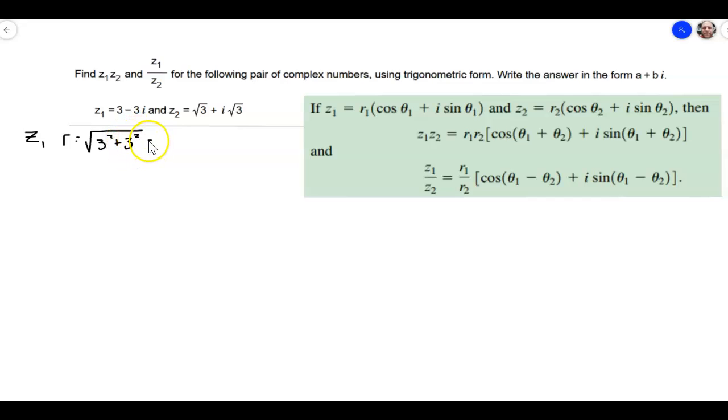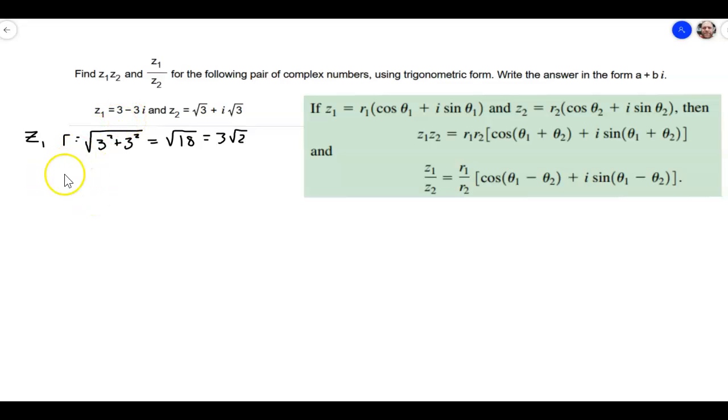That's 9 plus 9, so that's the square root of 18. That's 2 times 9, so I can write that as 3 times the square root of 2. So that's my radius for z1.